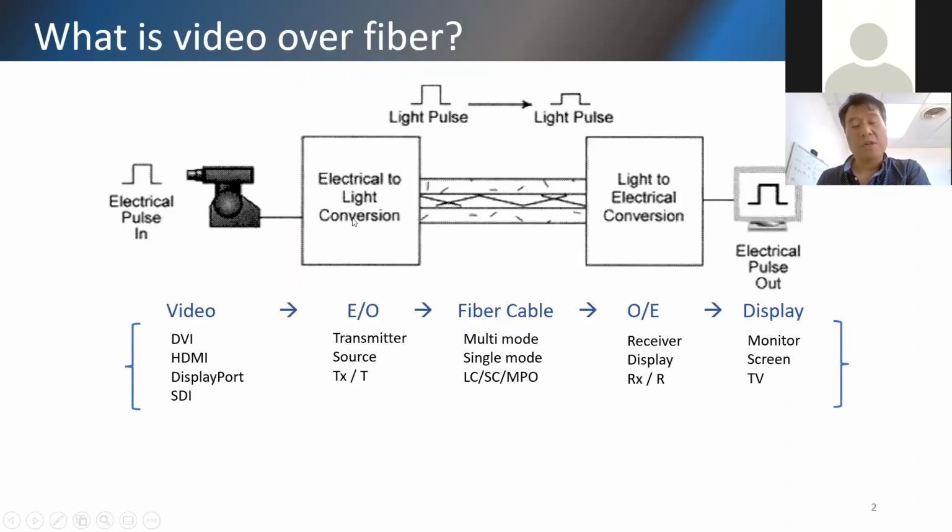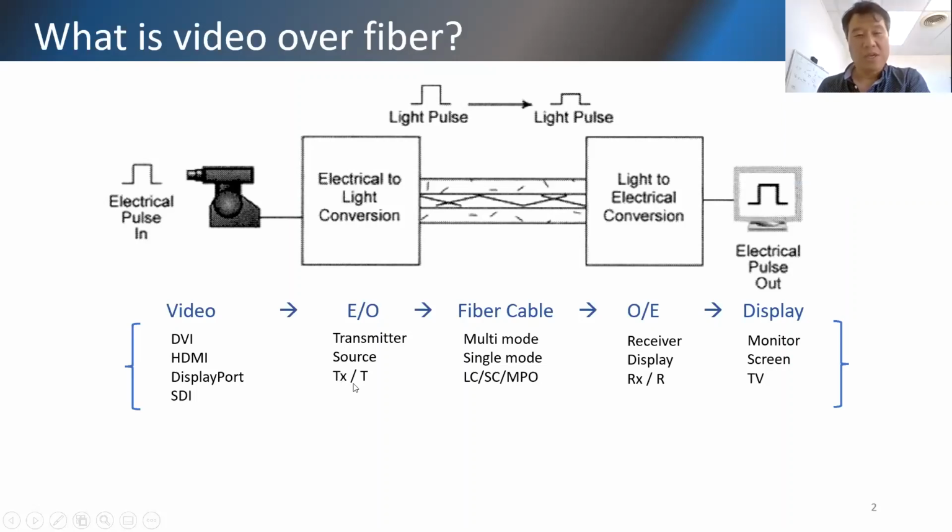You have an electrical video signal coming in, and typically this is called a transmitter, source, or laser. In short, we can call it TX or T. That's internal jargon or industry terminology that you'll see, but essentially it's electrical to optical conversion.